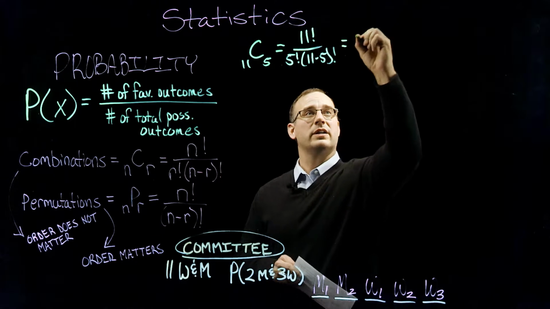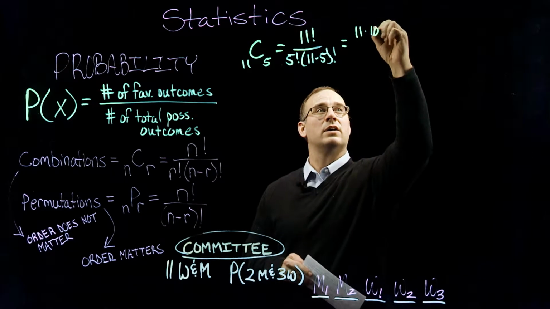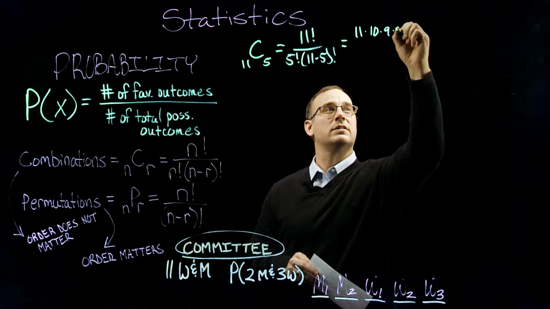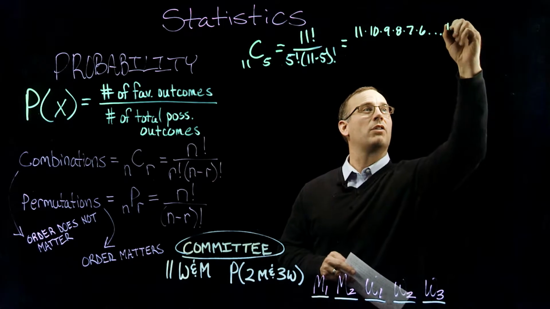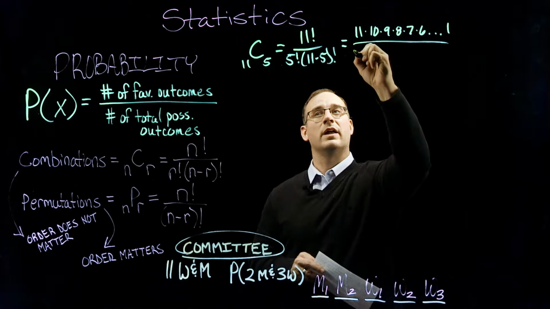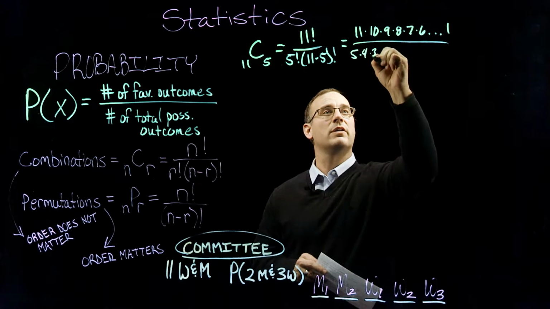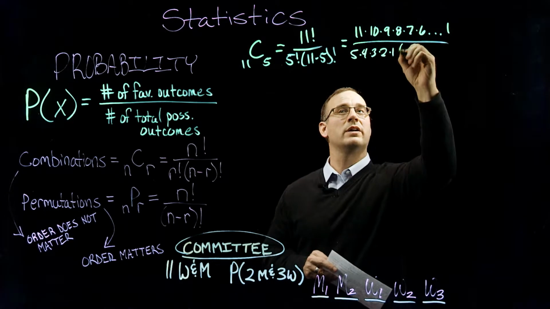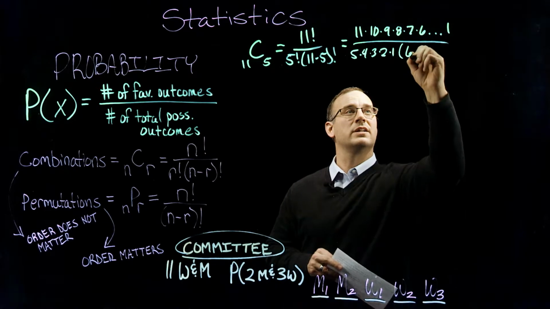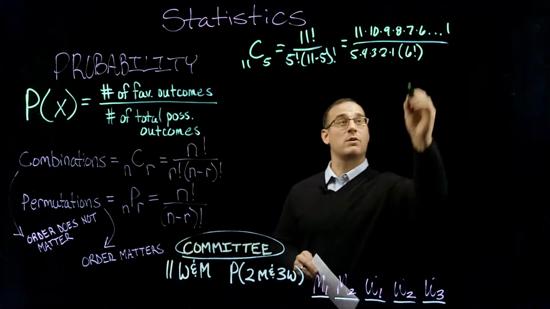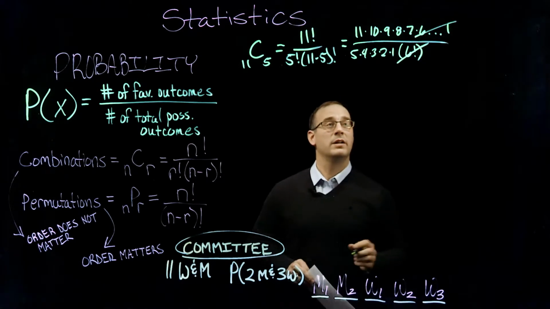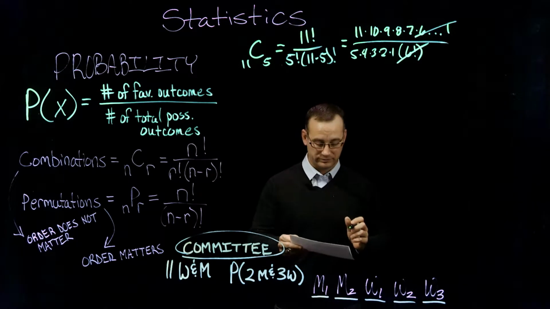So if we work this all out, all the way down to 1, and then we get 5, 4, 3, 2, 1, and then we should get 6 factorial. All right, our 6 factorial here is going to cancel with our 6 factorial there.